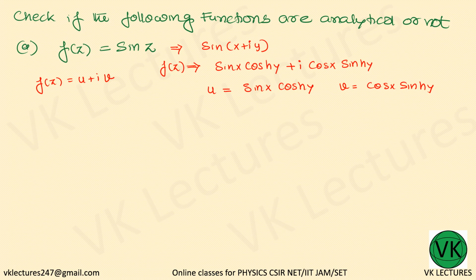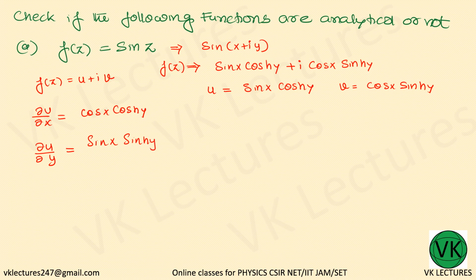Now we need to find dou u by dou x. With respect to x, sin x will become cos x, so it is cos x into cos hyperbolic y. Now dou u by dou y is sin x into sin hyperbolic y.